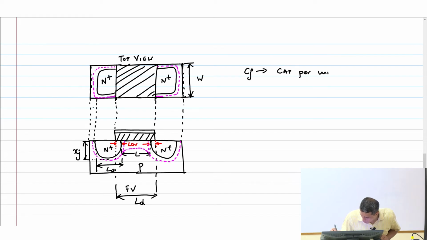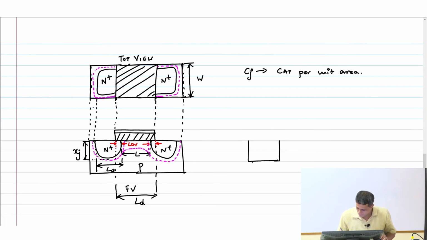Now all we have to do is find out what all the area components are, right? If you look at this front view, you agree that there is going to be one diffusion capacitance. Now let's assume that this is a proper rectangle. I am not worried about all the deformations, we can correct for that later through some empirical correction.